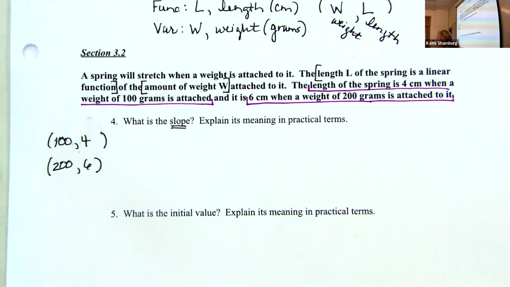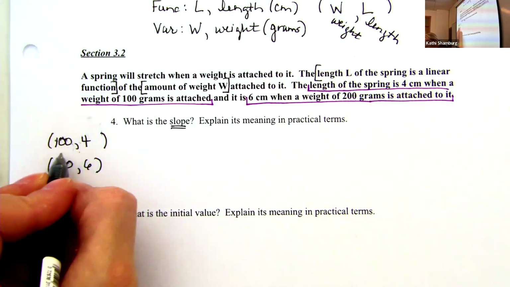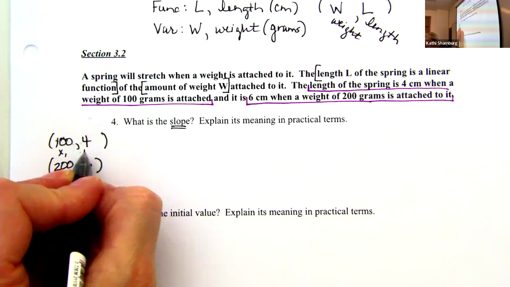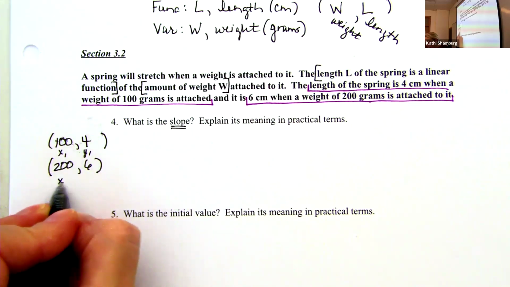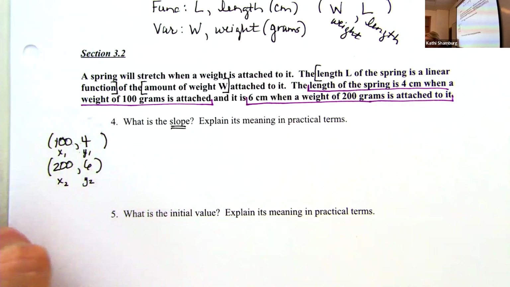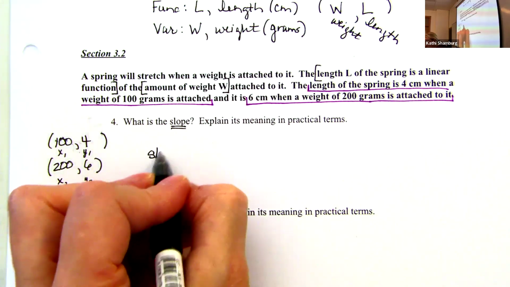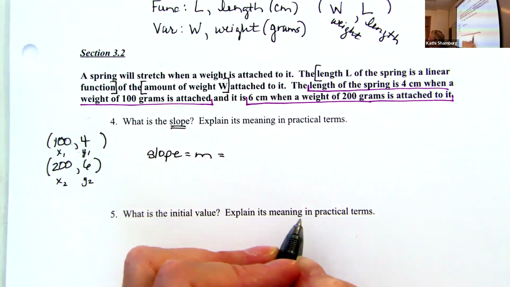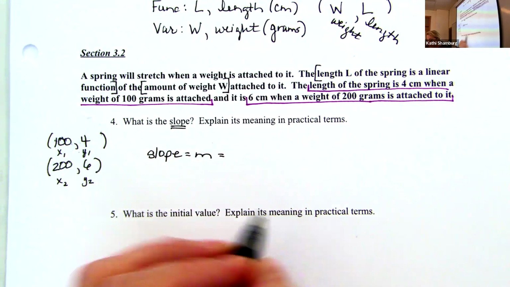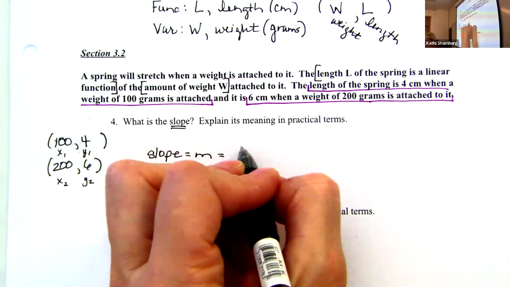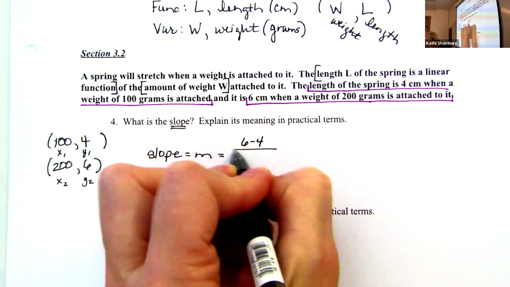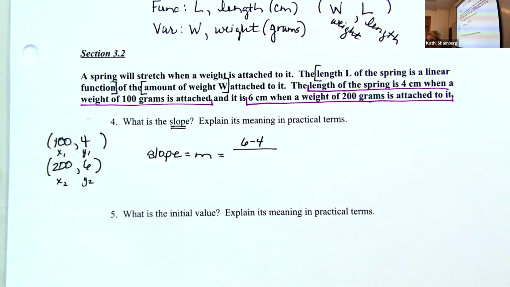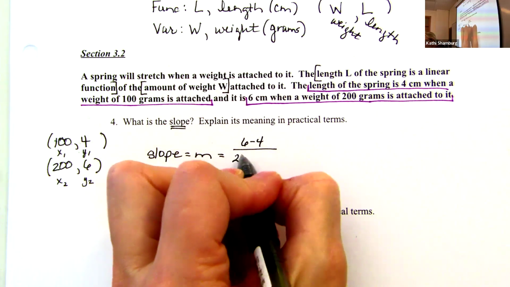Okay, you got to know that slope formula to do this, right? Because when we're given two ordered pairs, I need to know x1, y1, x2, y2, and the slope, which is m, is the difference in your y's, so that would be 6 minus 4, over the difference in your x's, which is 200 minus 100.